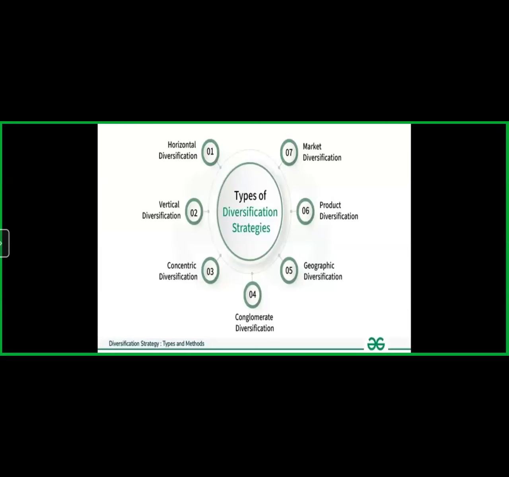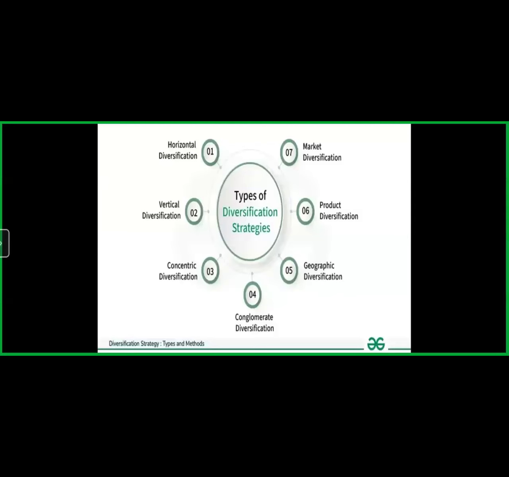Now that is called horizontal diversification. So already the company is manufacturing certain products, and then they are trying to expand that into more products.